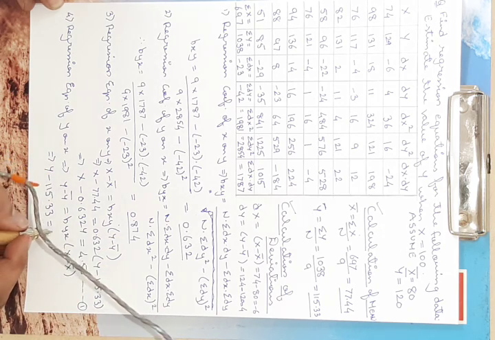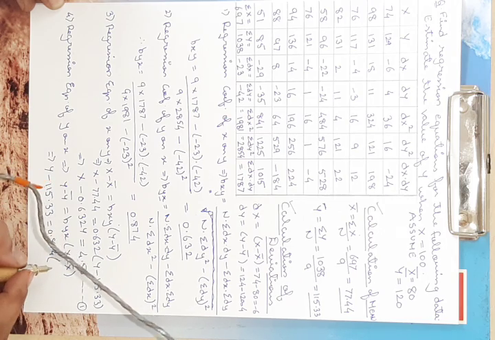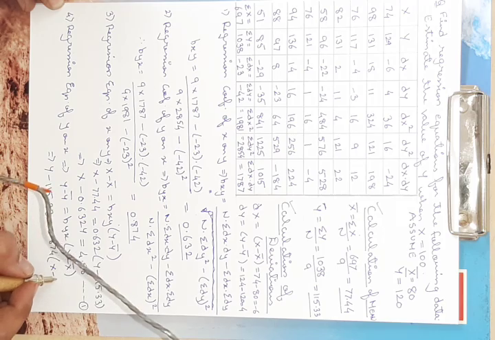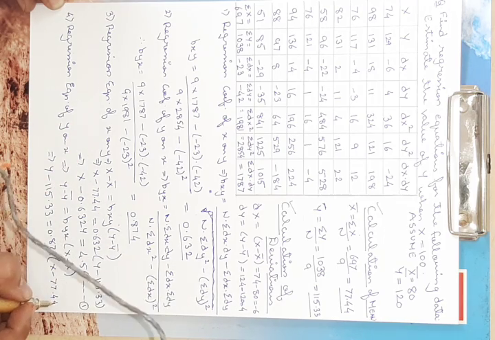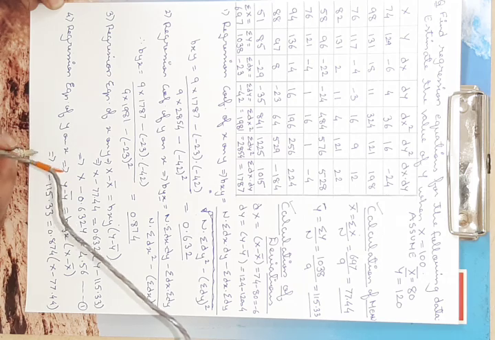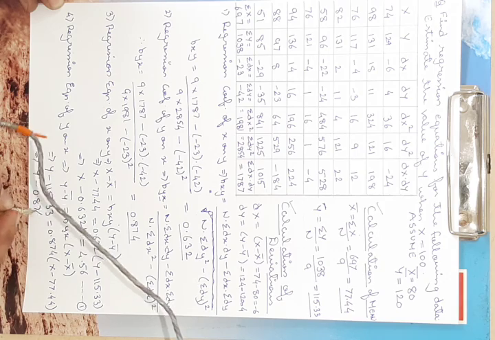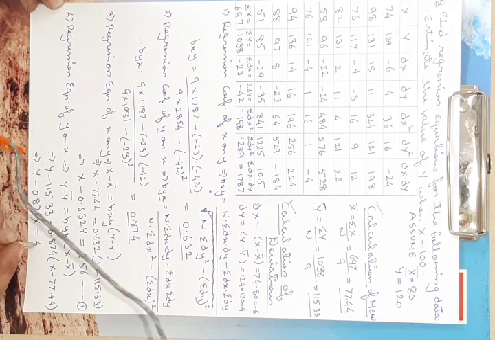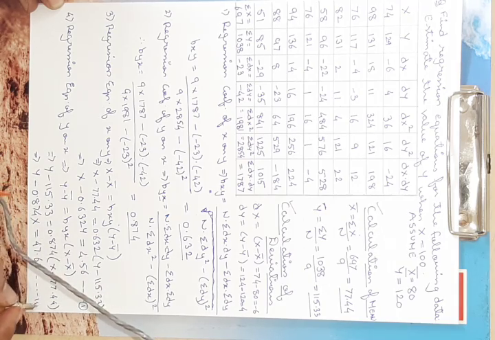What is byx? 0.874 into bracket x minus, what is x bar? The value of x bar is 77.44. Therefore the equation comes out to be y minus 0.874 x is equal to 47.65. This is our equation number 2.